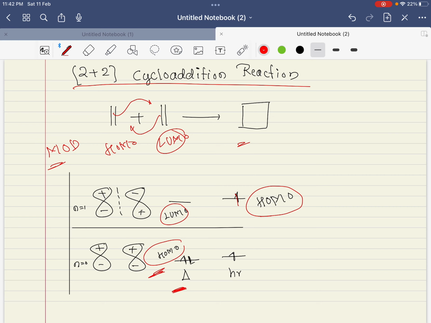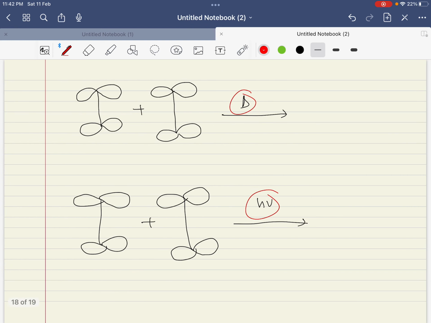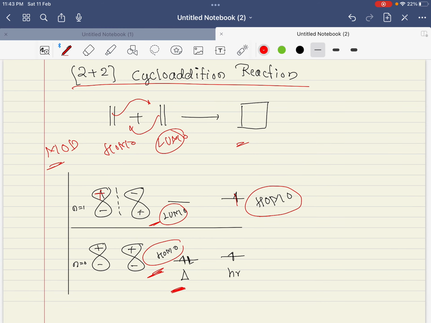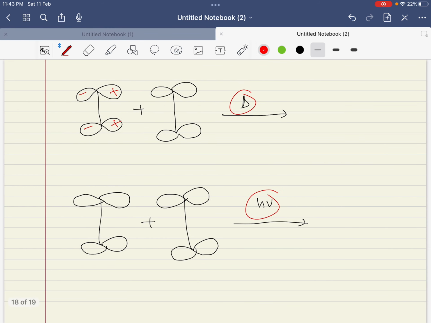So HOMO I will write here first: positive, negative and negative. Look at here, LUMO of the same molecule is undergoing a reaction here. So LUMO I will take: this one is positive and another one is negative. This is supra, as positive charges are together.